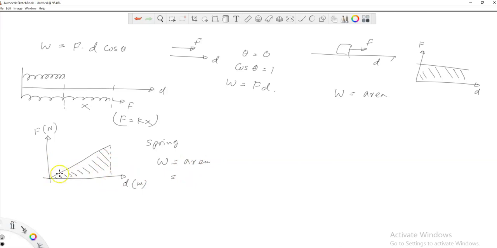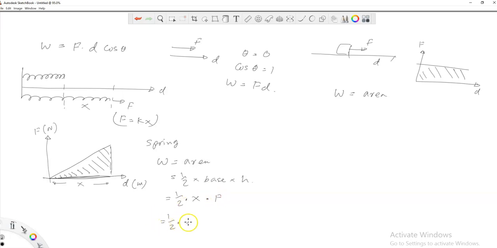So how do you find the area of a triangle? Half times base times height, right? Half times base is this amount that it stretched, x, height, force.